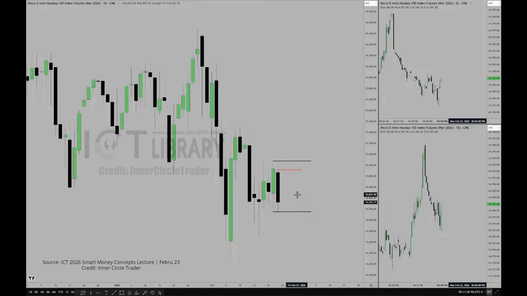I'm bearish on NASDAQ. I expect lower prices. Now, if we take out this high here, then I'll revisit whether that's right or wrong. But for right now, until this high is taken out, I'm sticking with that idea. I gave you a very specific reference point on the daily chart, our fair value gap.